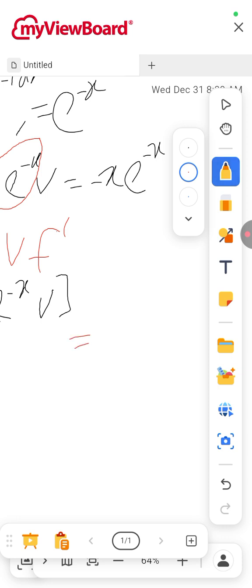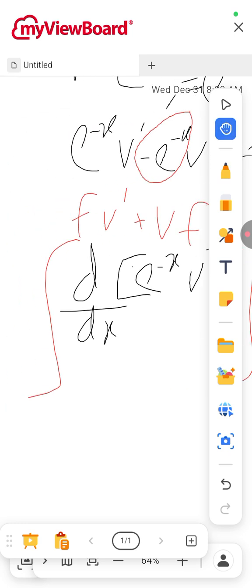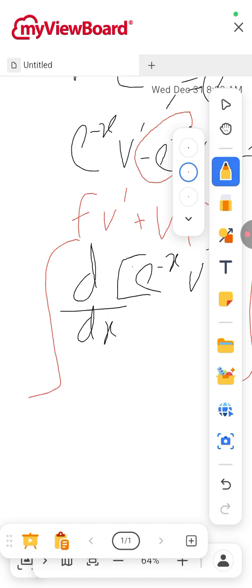Integrating the right hand side too, that's minus x times e raised to power minus x. Integrating the left hand side, my integration will just take care of the differentiation. If you integrate the derivative of a function, it gives the function back. So I'm left with only the function here. Is that clear now?